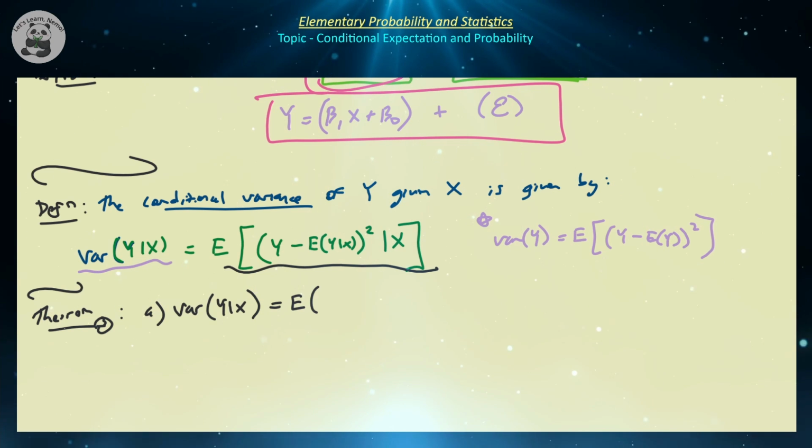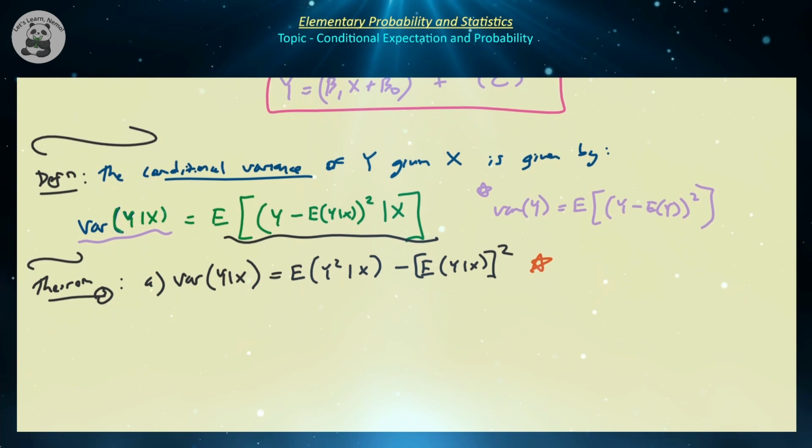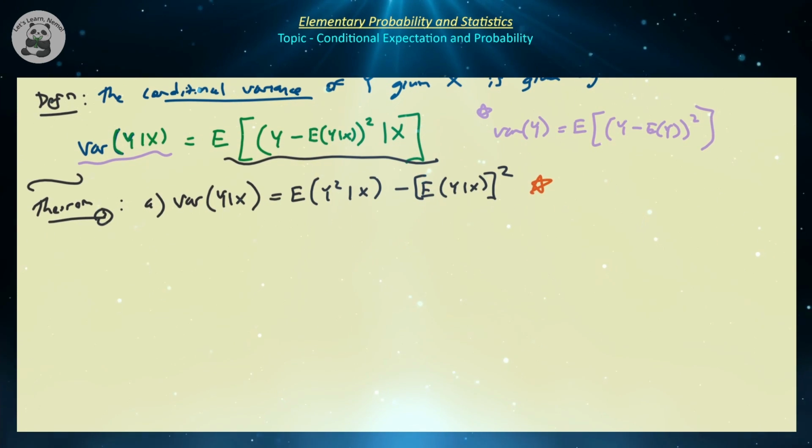So the expected value of y squared given x minus the expected value of y given x, quantity squared. Most people who don't like the original definition of the variance of a random variable usually work with this variation, as it sometimes is a little bit easier, because calculating the second moment of a random variable is usually not that bad, where the original definition is usually a lot more computationally expensive.